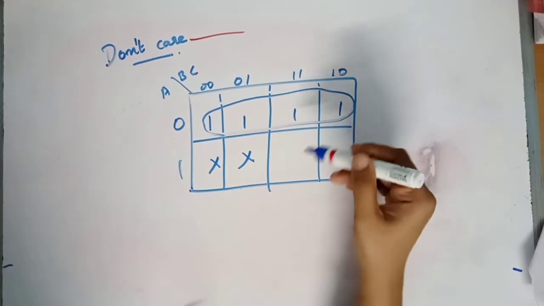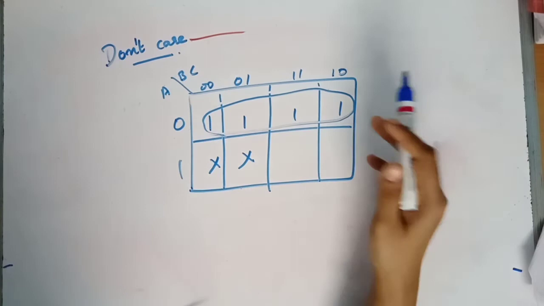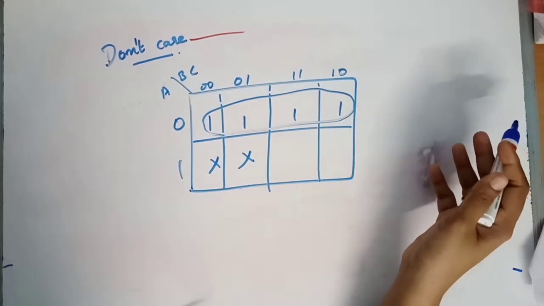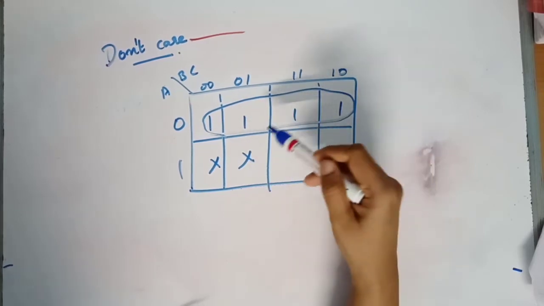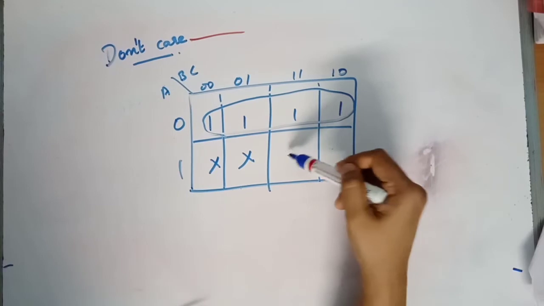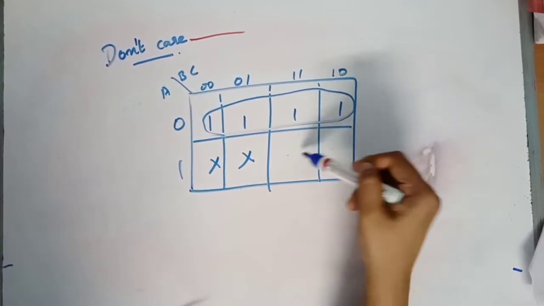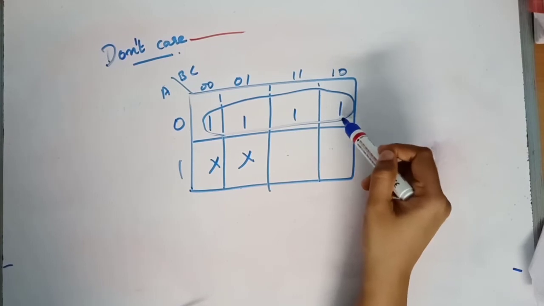Now you cannot make this a bigger group. After 4 the next bigger group is 8. So here we can't make it to a group of 8 because these two cells are 0. So this is the only possible way.